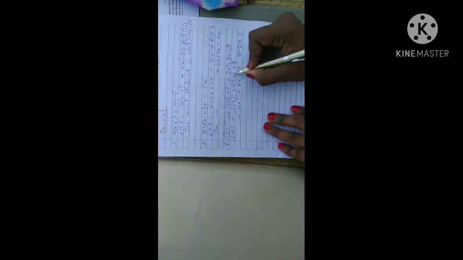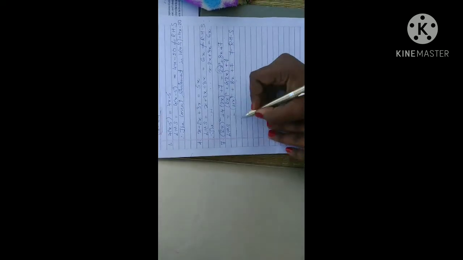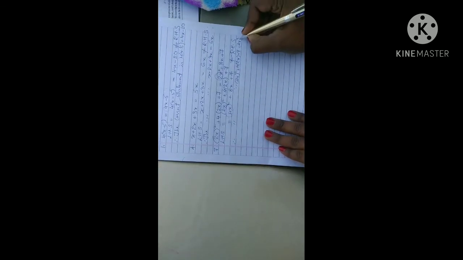See, RHS is 2x square plus 8x plus 7, but here 4 and here it is 2. So definitely this is not equal to RHS. So therefore the correct statement is 2x square plus 4 into 2x plus 7 is equal to 4x square plus 8x plus 7. Okay, this step you should specify in each and every sum.